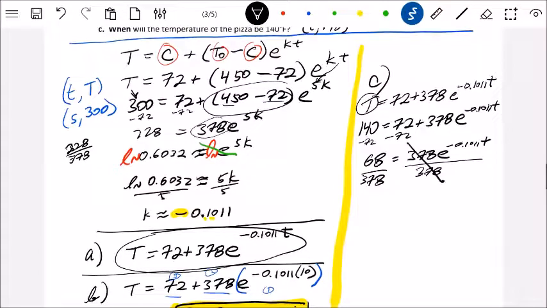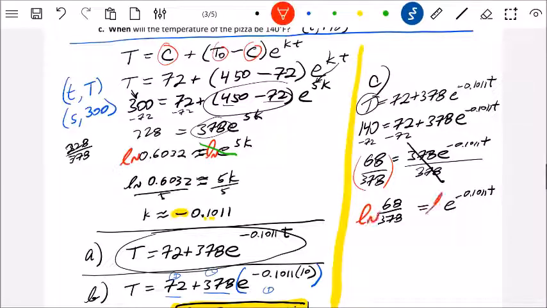I'm going to keep it as 68 over 378 equals e to the negative 0.1011 t. Now we'll apply natural log on both sides because that allows the e to go away.